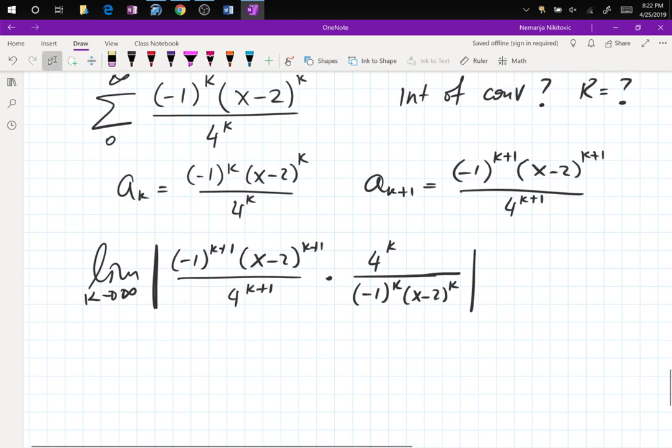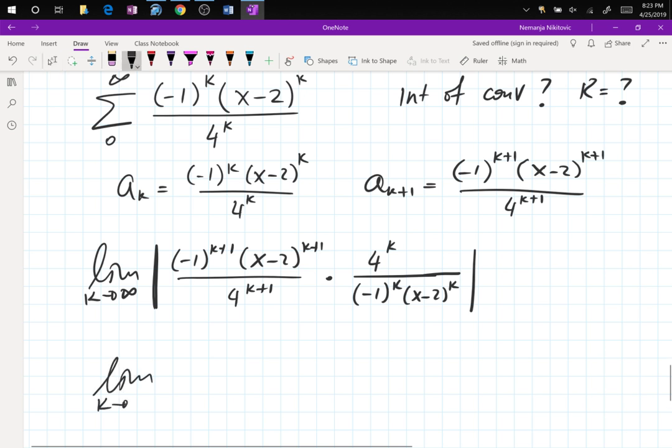Absolute values are going to kill negative 1 to the k. Make sense? Because that's just providing negative signs, absolute value kills it. So all the terms have to turn out to be positive.